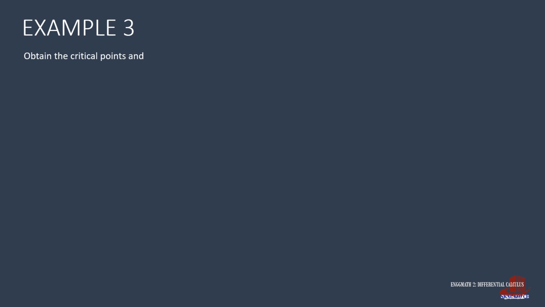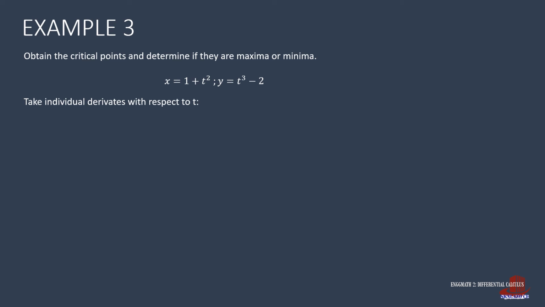The third example contains the parametric equations x of 1 plus t squared and y, which is t cubed minus 2. The first derivative is dy over dx, but we can only reach this configuration after taking the derivatives of the parametric equations with respect to t. So with x of 1 plus t squared, differentiate with respect to t.